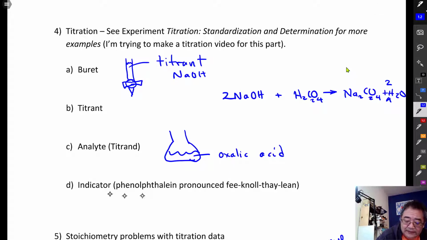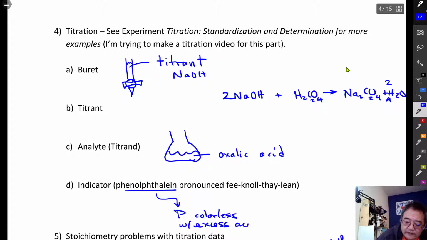The phenolphthalein, I'm just going to call it P, is colorless with excess acid, and then immediately turns pink, and the color is actually fuchsia.